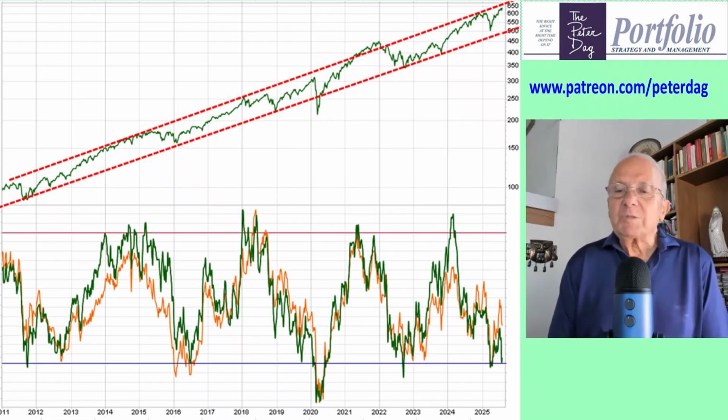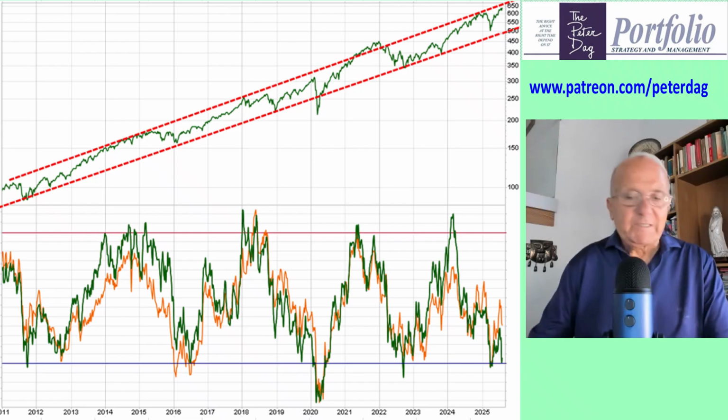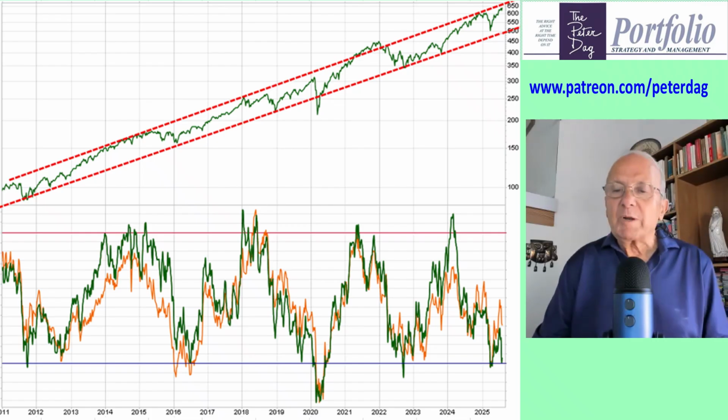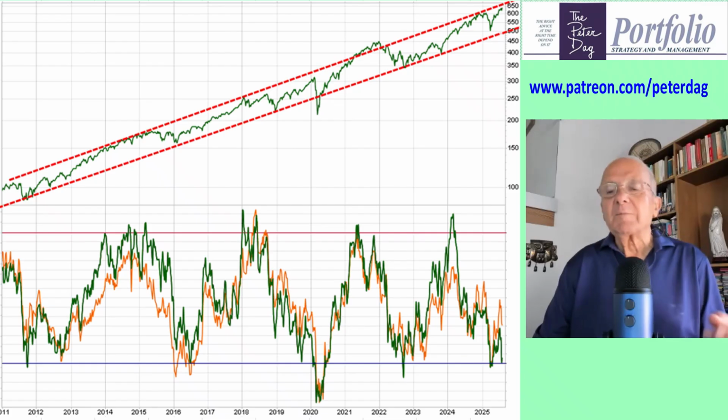the conditions are still not present, as I mentioned in the Peter Dack portfolio. What you need to establish this bottom here: every bottom has been preceded by lower inflation and lower interest rates, and preceded by lower commodities.